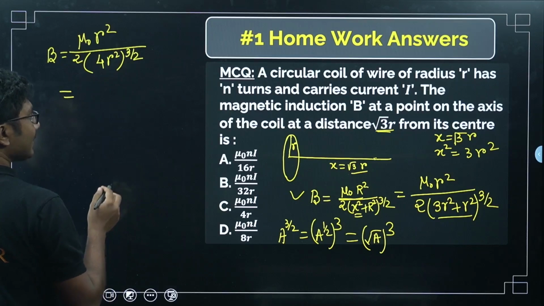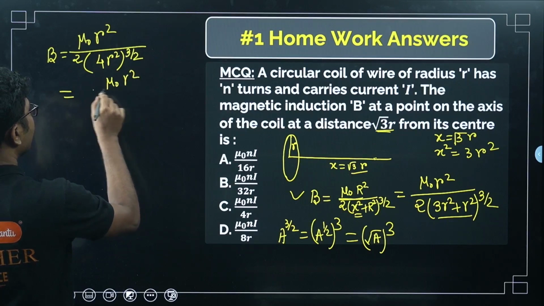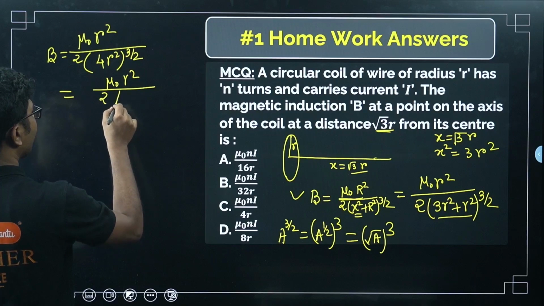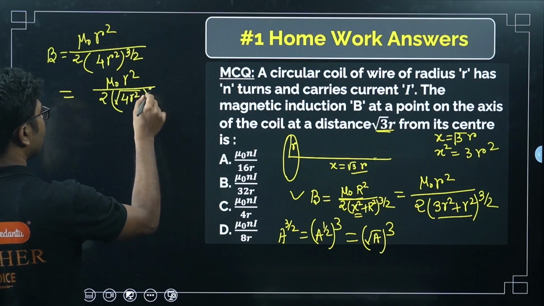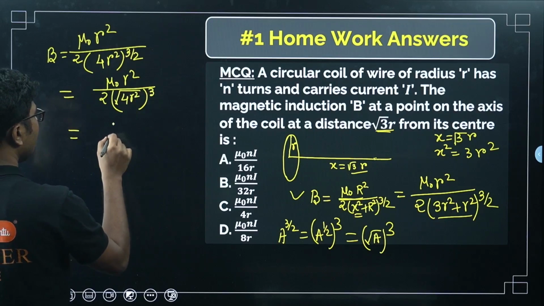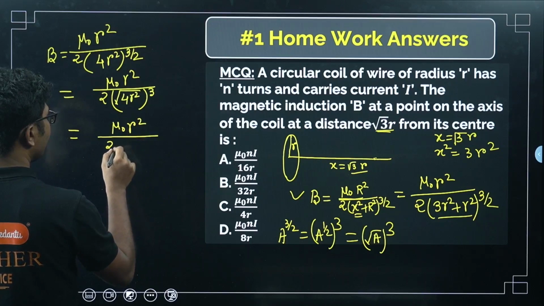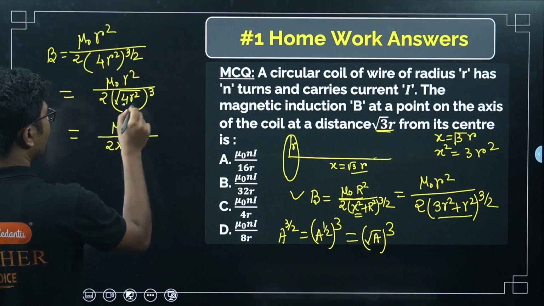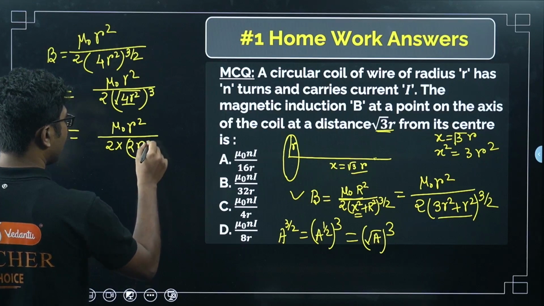So basically, first of all, what you have to do: mu naught by r square divided by 2 square root of 4r square to the power 3, or mu naught by r square divided by 2 times 4r square whole root, which means 2r to the power cube.